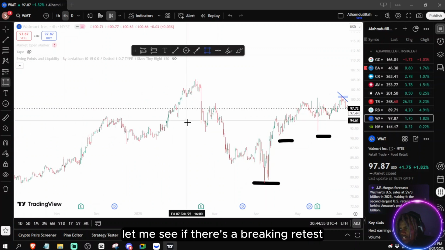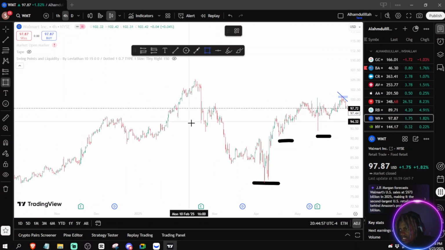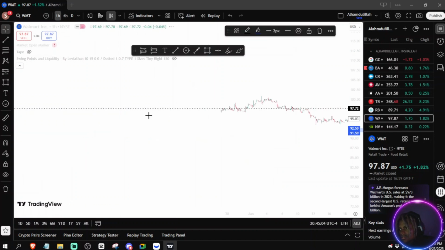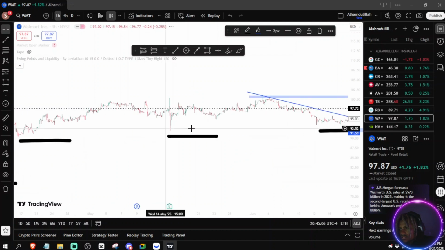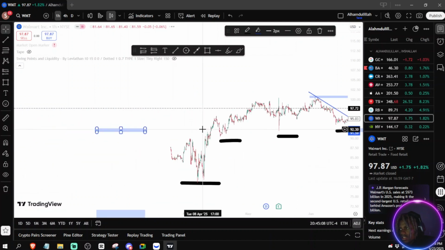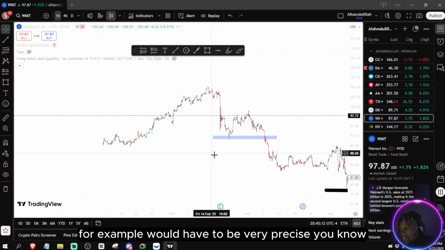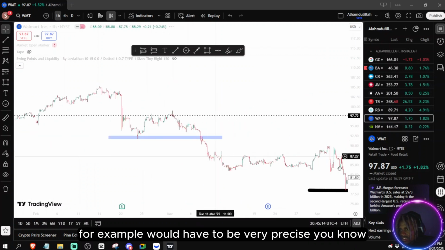I'm going to see if there's break and retest. Yeah, this, for example, would have to be very precise, you know.